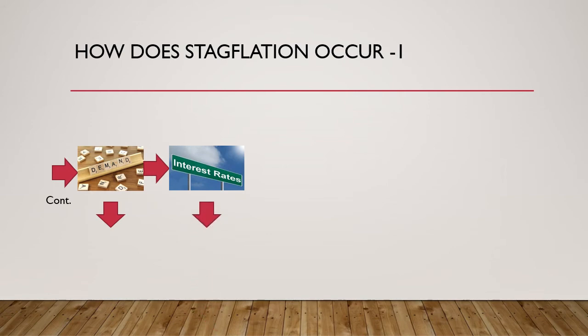As a result of which, unlike previously again, when the credit or the money supply reduced in the economy, this time because of the reduction in interest rates, the credit or the money supply in the economy either remains the same or more likely increases in the economy.